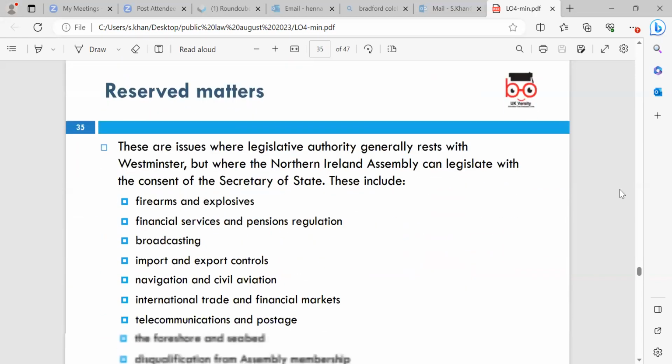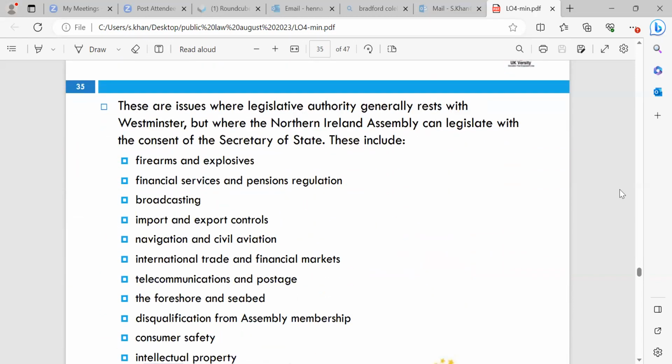The reserved matters are issues where legislative authority generally rests with Westminster, which is in London, but where the Northern Ireland Assembly can legislate with the consent of the Secretary of State.